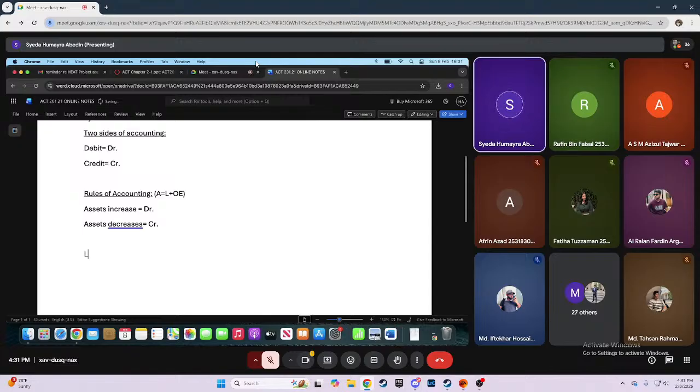Okay, after assets, then we have liabilities. If anytime any type of liability increases, it will go to the credit side. If anytime any type of liability decreases, it will always go to the debit side.